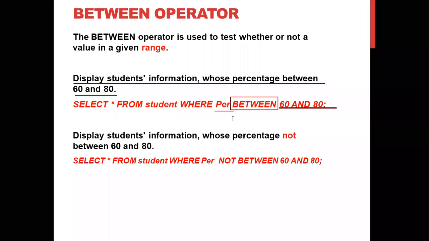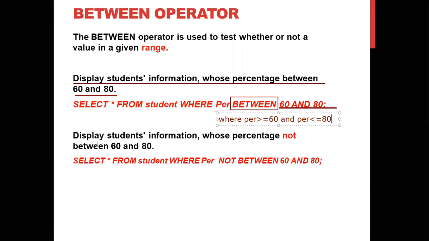The similar thing we can perform with relational and logical operators. We write where per greater than or equal to 60 and per less than or equal to 80. Both are the same, either using BETWEEN or using relational and logical operators.